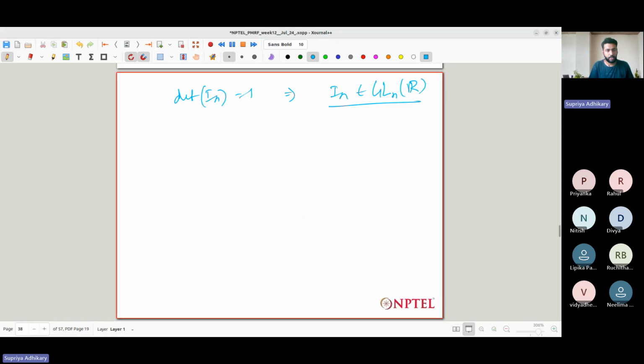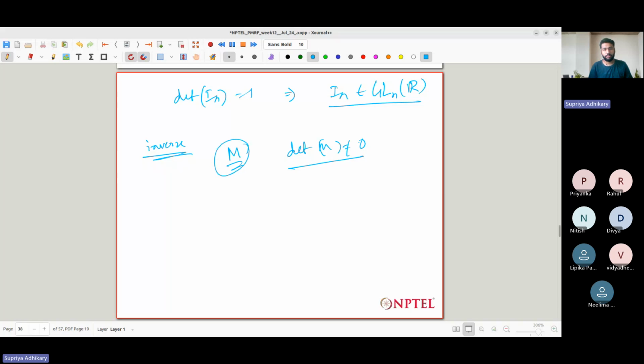And the next property is the inverse property. For the inverse property, we know that if, given a matrix, the determinant of the matrix is zero, then that matrix is called a singular matrix. And if it is non-zero, that matrix is called a non-singular matrix. And any non-singular matrix is invertible.